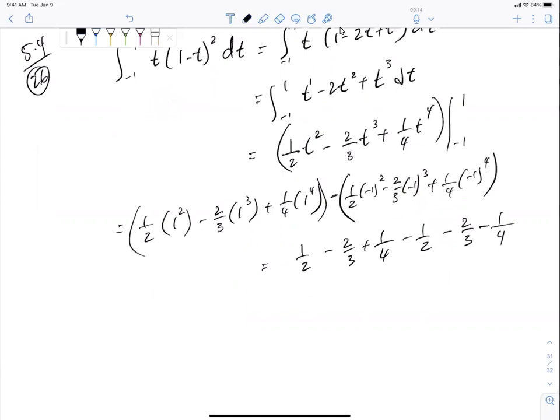So 1/2 and 1/2 cancel out, 1/4 and 1/4 cancel out. So my end result is -4. And that's how you calculate those definite integrals.